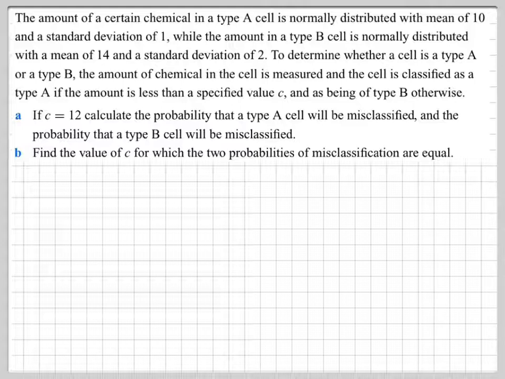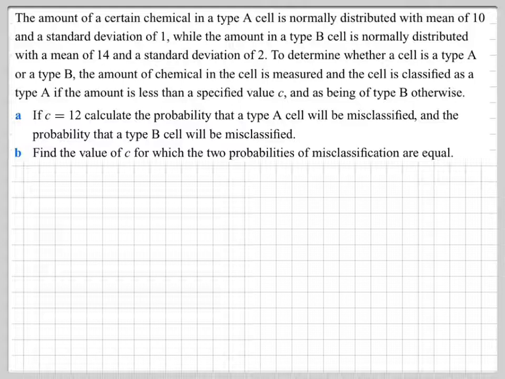To determine whether a cell is type A or type B, the amount of chemical in the cell is measured and the cell is classified as type A if the amount is less than a certain value of chemical C, and as type B otherwise. My goodness, I told you it was a mega doozy, didn't I? I think we need to read this again, guys.